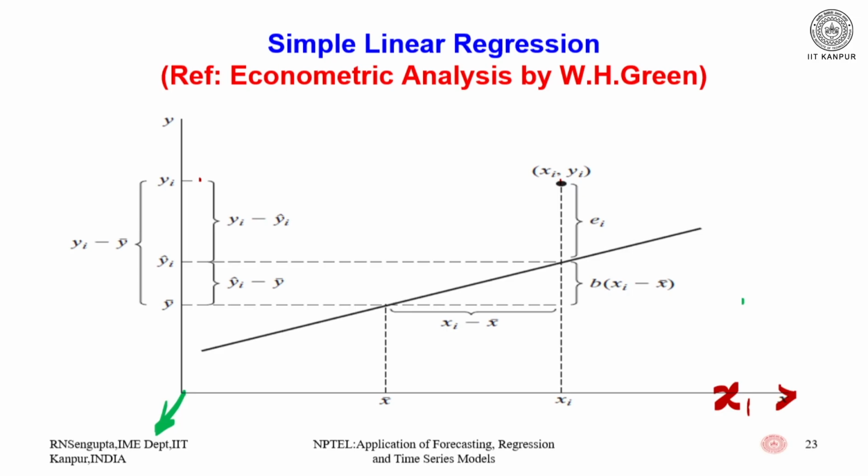You find another term, b into xi minus x bar, and that b component has an implication, which is basically the slope of a curve.